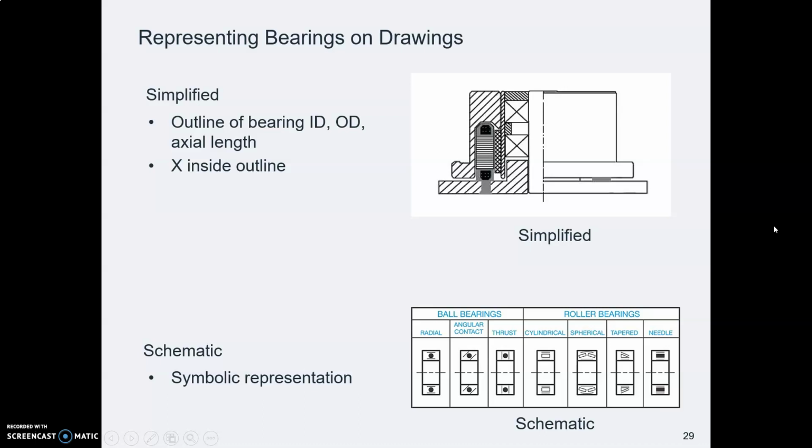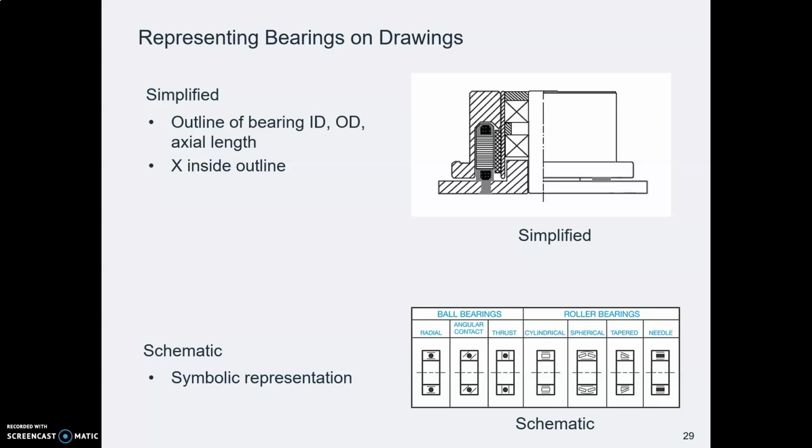Finally, last slide, what do you do if you have to draw a bearing? The illustration on the bottom is from our book, and he's showing us what to do if your boss asks for a schematic representation. And here you can think of when you thought about drawing screw threads, and you saw that, well, you could draw a detailed view of a thread, actually drawing the thread.